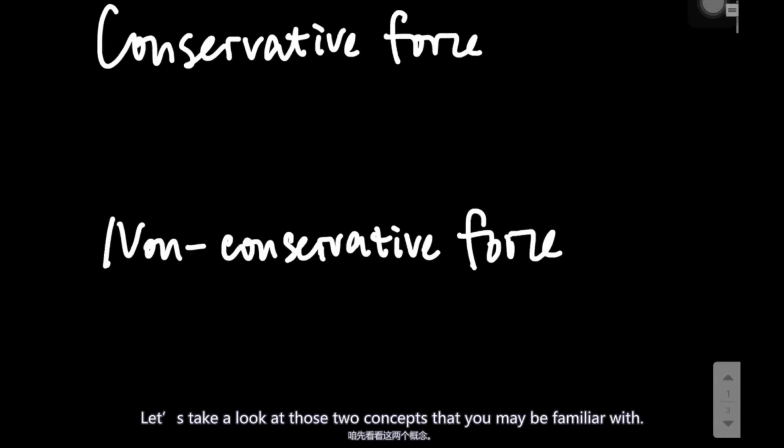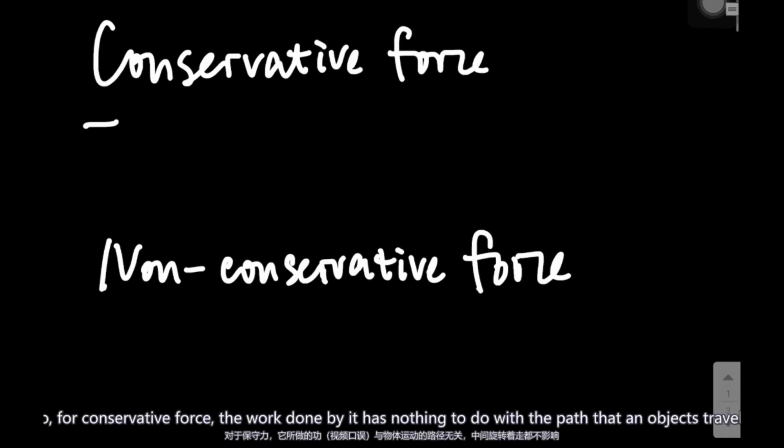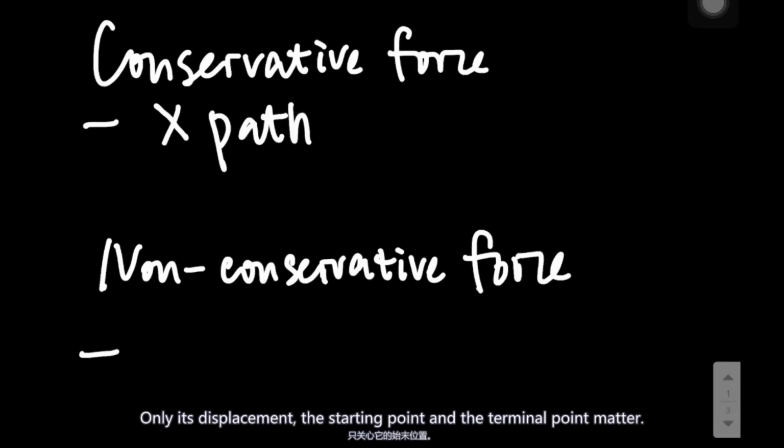First, let's take a look at those two concepts you must be familiar with, right? For a conservative force, the work done by it has nothing to do with the path that an object travels, which means the trajectory is not important at all. Examples include gravity and universal gravitational force.